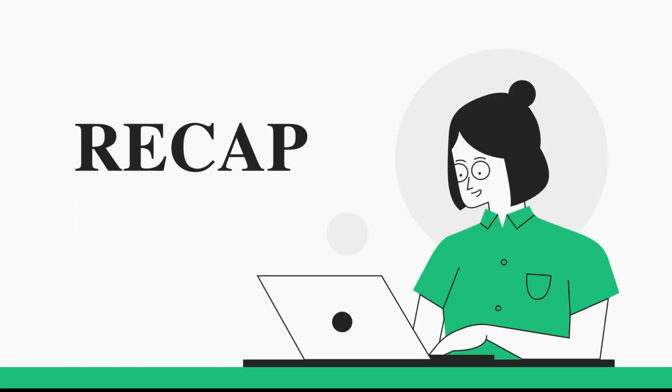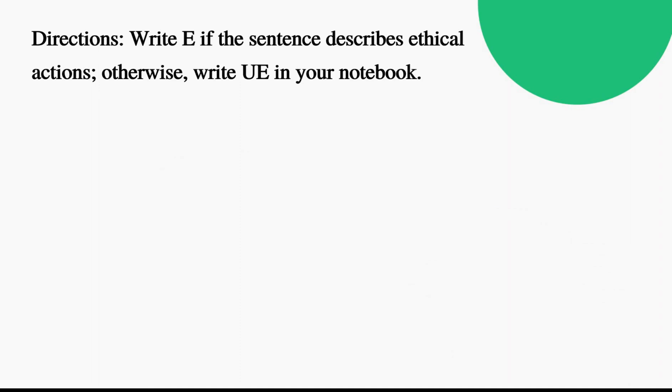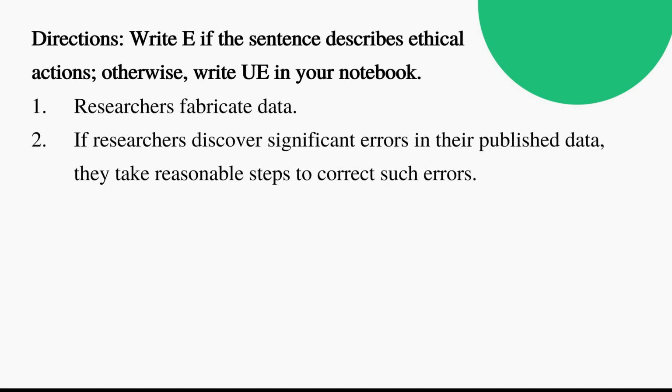In the previous module, you learned about research ethics. Recall the ethical standards which you have to observe when you conduct your research. Write E if the sentence describes ethical actions. Otherwise, write UE in your notebook. 1. Researchers fabricate data. 2.